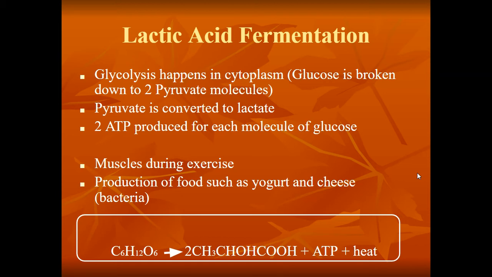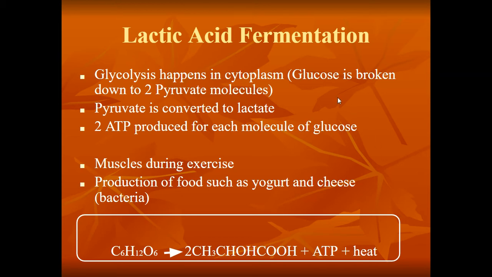And then we have our reaction that turns our pyruvate into that long chain of letters there, CH3CHOHCOOH. That is lactic acid. And we get ATP and we get heat from that reaction as well. Okay?